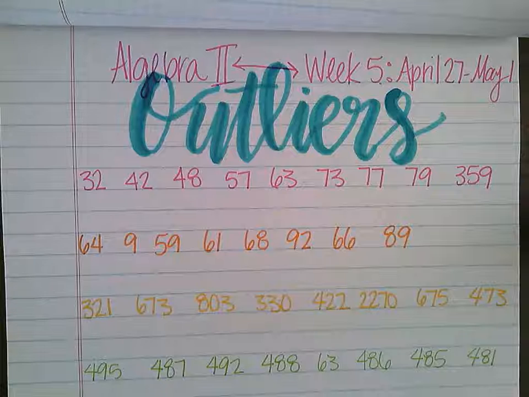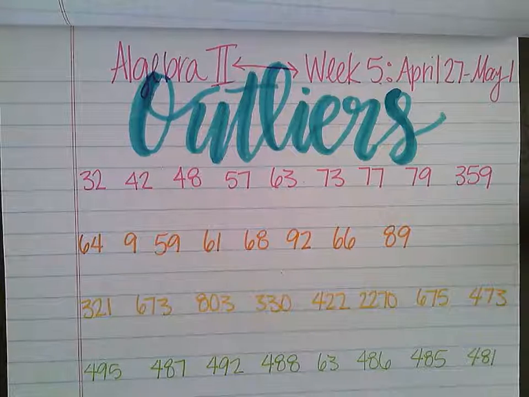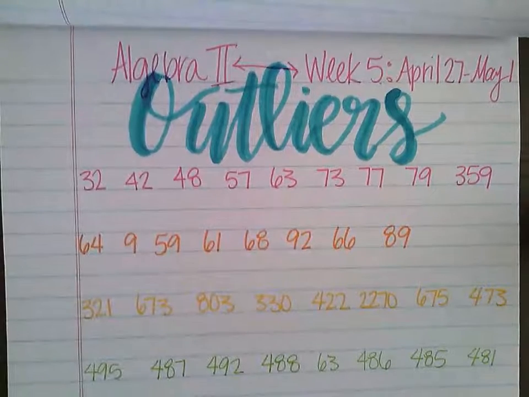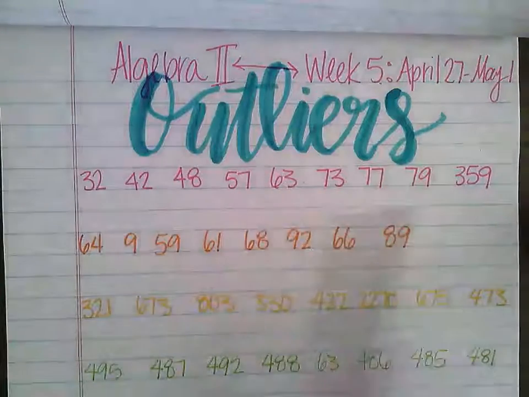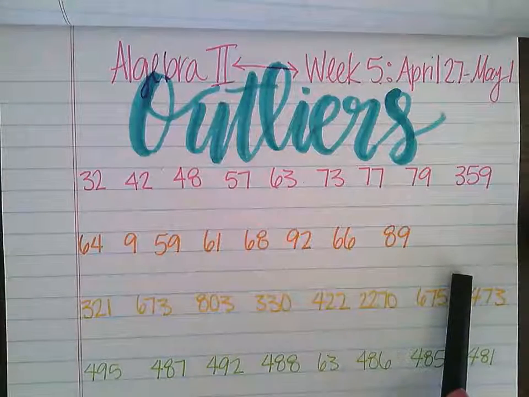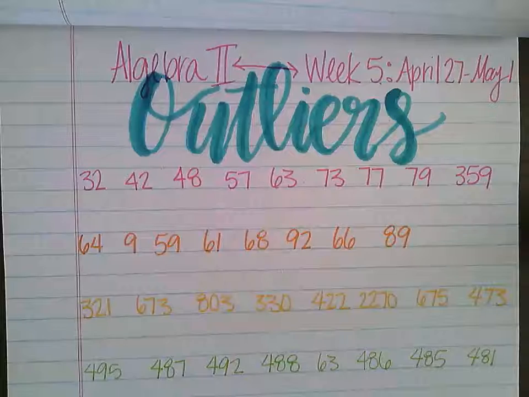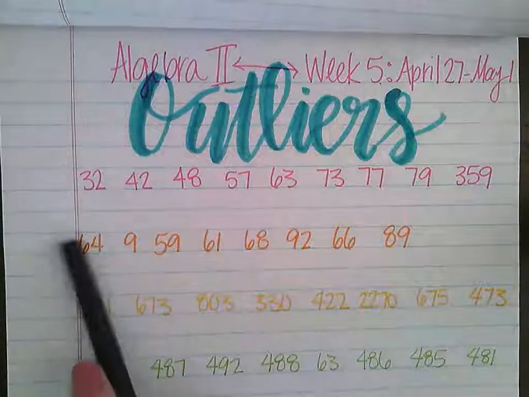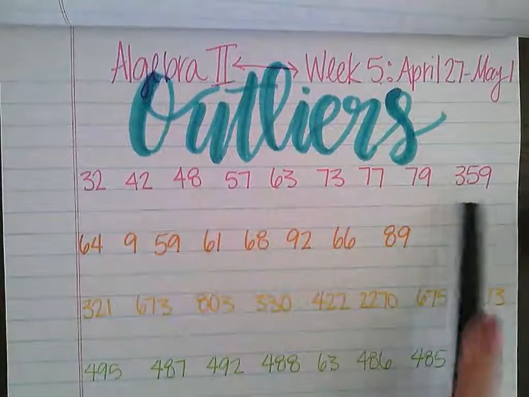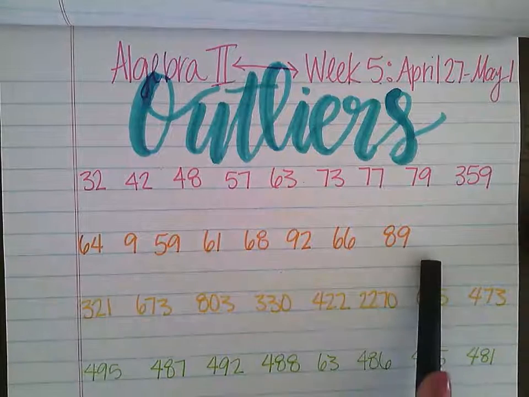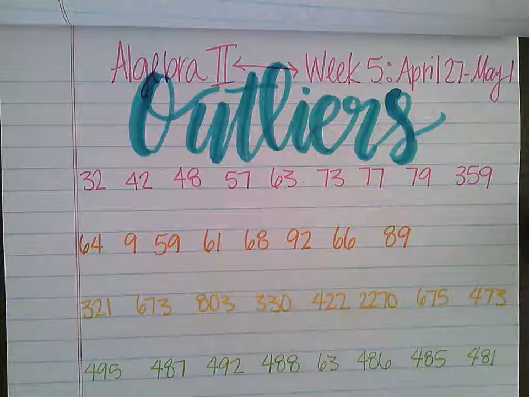And so in the 3 IXLs, 1 and 2 are very similar. They're giving you a list of numbers, and you're picking out the outlier. So in the first IXL, EE3, that's all you have to do. You have to look at it and say, which one doesn't belong, okay? Which one really doesn't fit in with the rest of them?